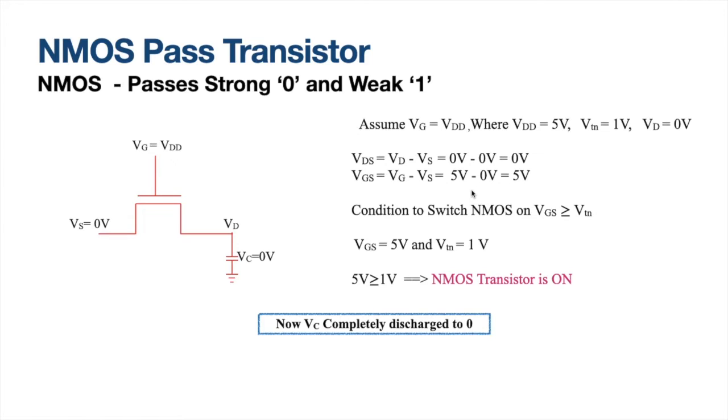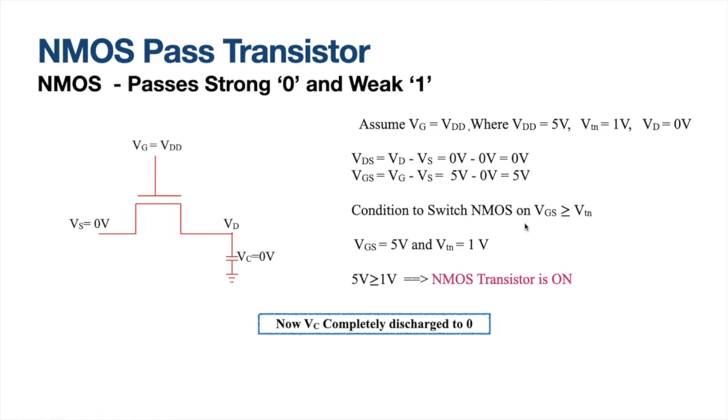Let us put everything in the expression Vd minus Vs. What is Vd? It is 0 volts. What is Vs? Again it is 0 volts. So 0 minus 0, 0 volts. What happens to Vgs? Vg is the same Vdd value, which is plus 5 volts. So 5 volts minus 0 volt equal to 5 volt.